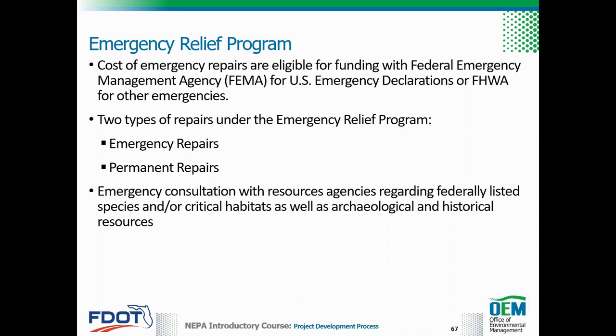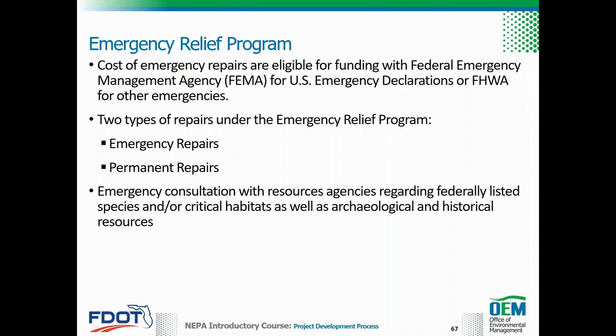Emergency repairs are eligible for 100% federal share if they are made during or right after a disaster within 180 days. Emergency repairs do not need an approved federal authorization in place prior to the work being done. The federal authorization can be processed after the repair work is completed. Type 1 CE documentation for emergency repairs is completed pursuant to Title 23 USC Section 125.